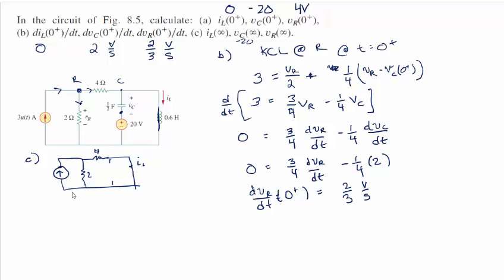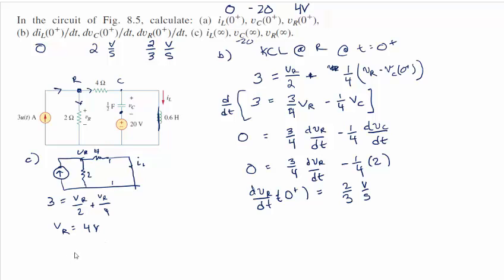So 3 amps equals VR over 2 plus VR over 4, and again we get that VR equals 4 volts once again. So VR at infinity must be equal to 4 volts.